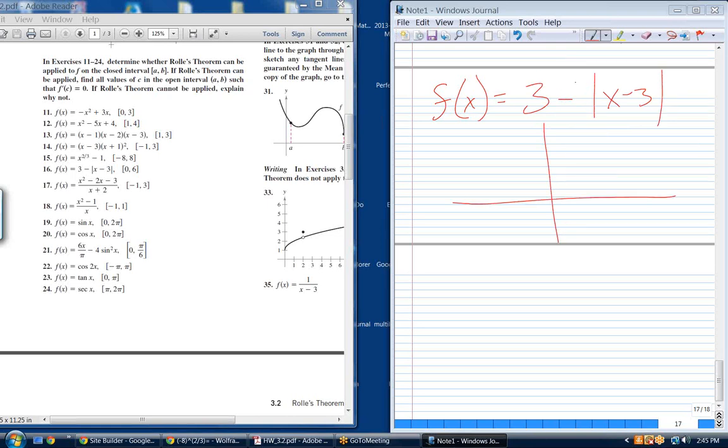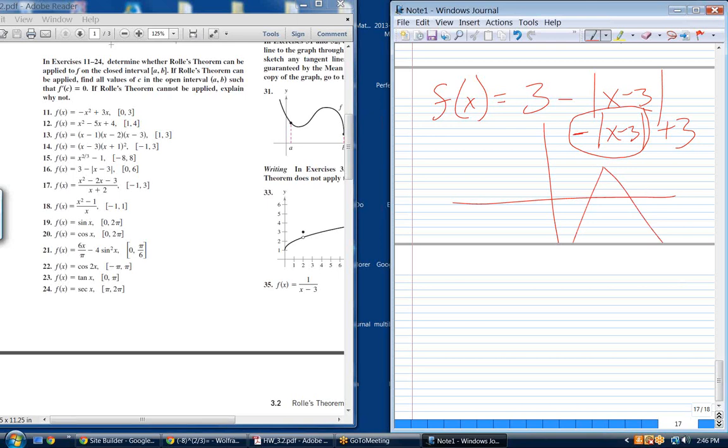I was sitting here with my hands doing a V trying to figure out what the name is. Well, I could rewrite this as minus the absolute value of x minus 3, plus 3. So it is a reflection of the absolute value function translated 3 units to the right, raised up 3 units. So something like this.